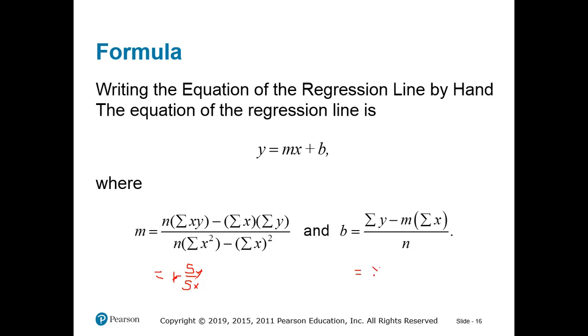the mean of the Y's minus the slope M times the mean of the X's. So Y bar minus M times X bar. Okay, so you can rewrite this one as this.